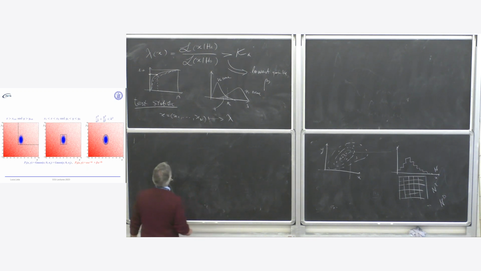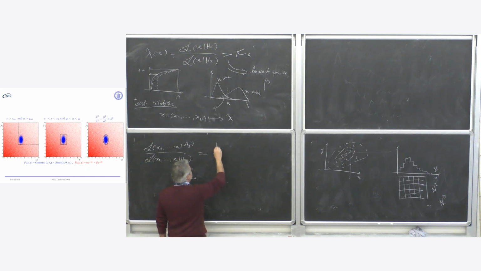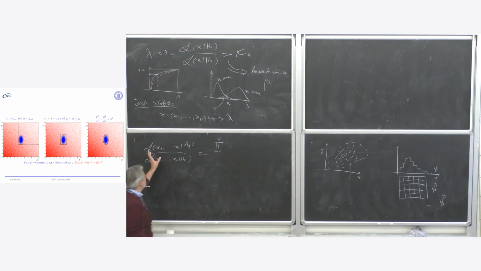So instead of having a likelihood ratio, imagine that I have uncorrelated variables. How could I write the likelihood ratio if the n variables are uncorrelated? If those are not correlated, H1 over H0 would be equal to the product of the individual PDFs.